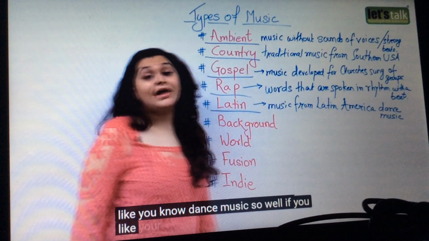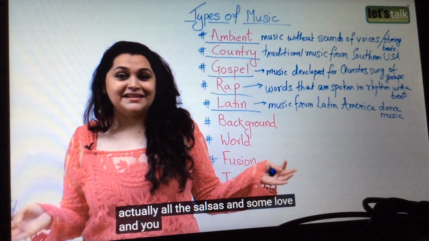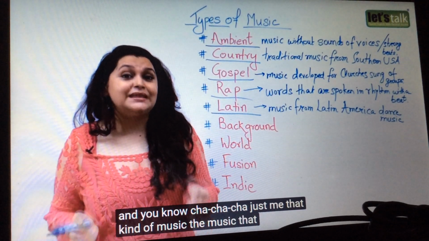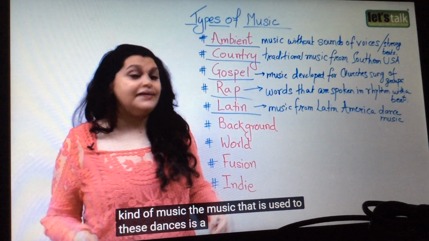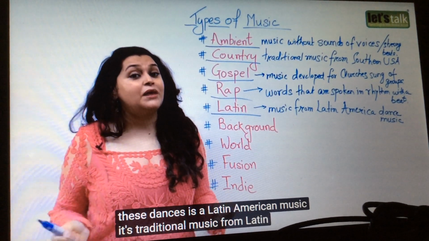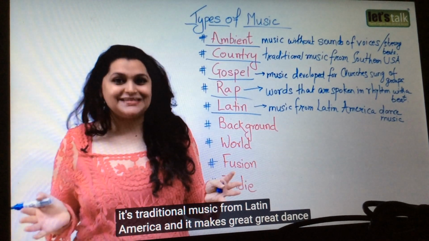So well, if you like your dancing, especially all the salsas and sambas and cha-cha-chas, trust me, the music that is used for these dances is Latin American music. It's traditional music from Latin America, and it makes great dance music.